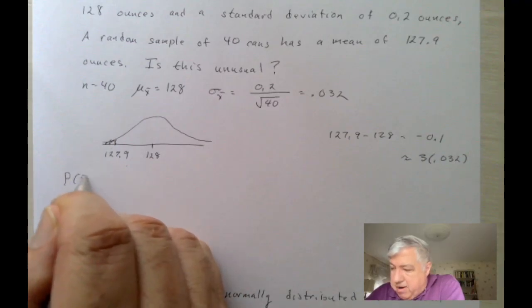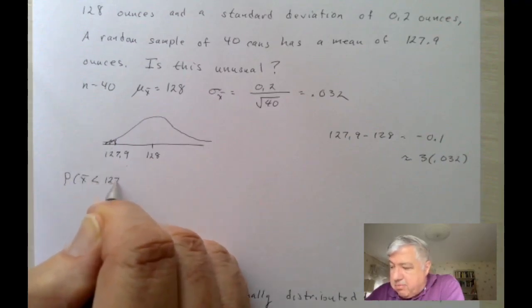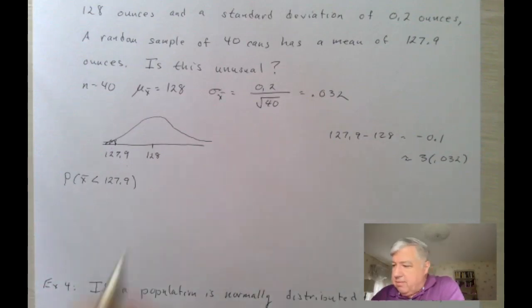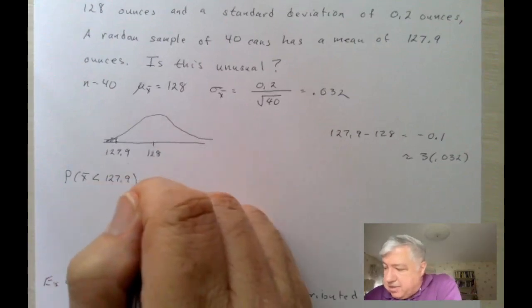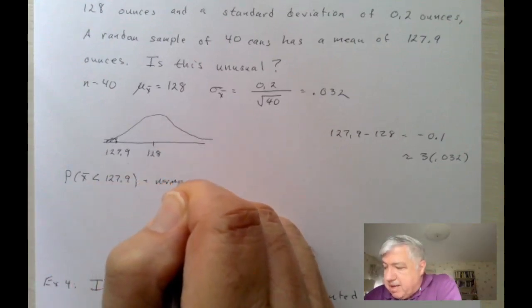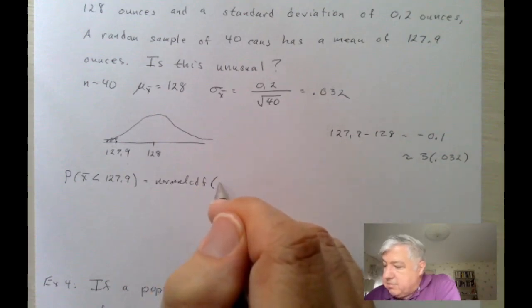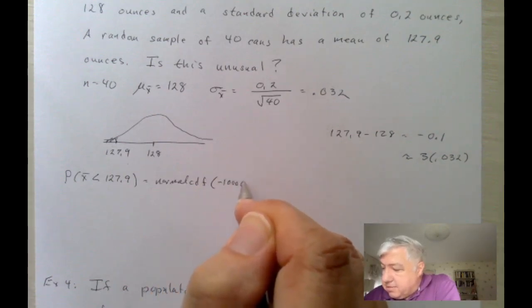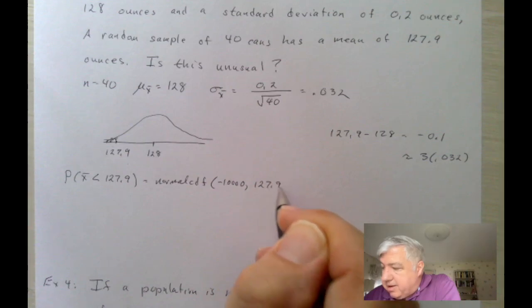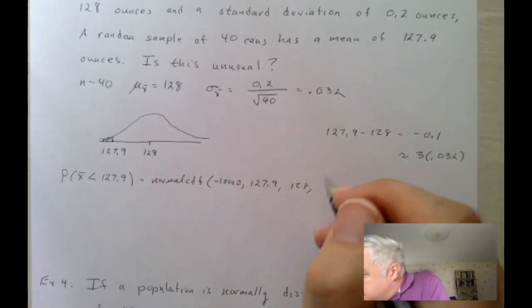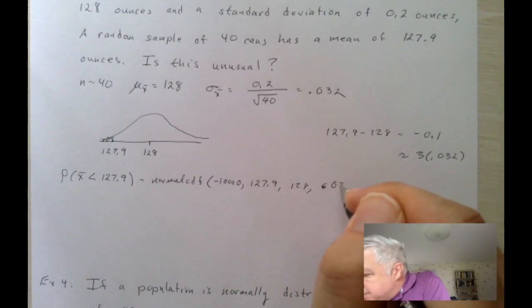And if we were to find the probability, find what this region is, the probability that X bar is less than 127.9. Obviously, it doesn't make any sense to say what probability that it's equal to that, but the probability that X bar is less than this would be normal. We could compute that as normal CDF of negative 10,000, 127.9, 128, and 0.032.